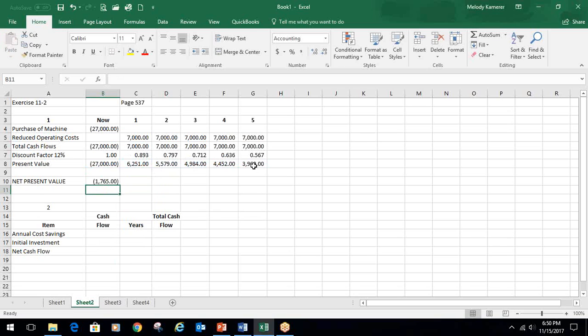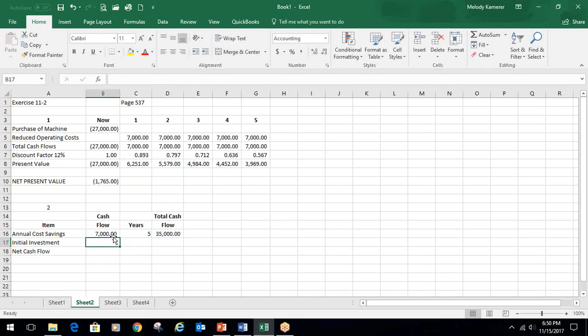And in part 2 of the problem, what's the difference between the total undiscounted cash inflows and cash outflows over the entire life of the machine? Well, we know that our annual savings was $7,000 for 5 years, so our total cash flow was equals 7,000 times 5, 35,000.